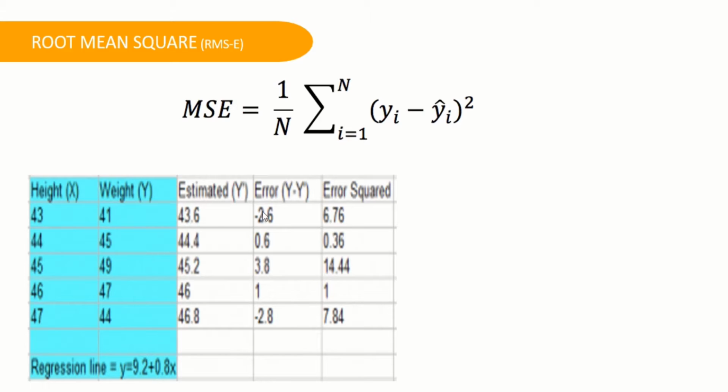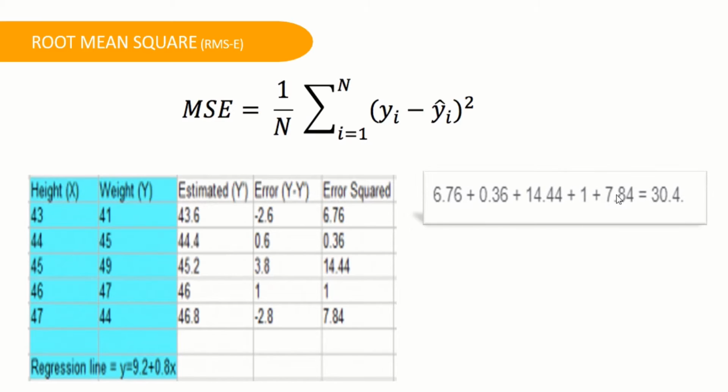It has been calculated here, and we have to square it. So here we have the error squared, and after that we have to sum all these squared errors. I have done the summation of this square, and then we have to take the mean. Since we have 5 observations, 30.4 divided by 5, we got the root mean square as 6.08. So this is nothing but root mean square.